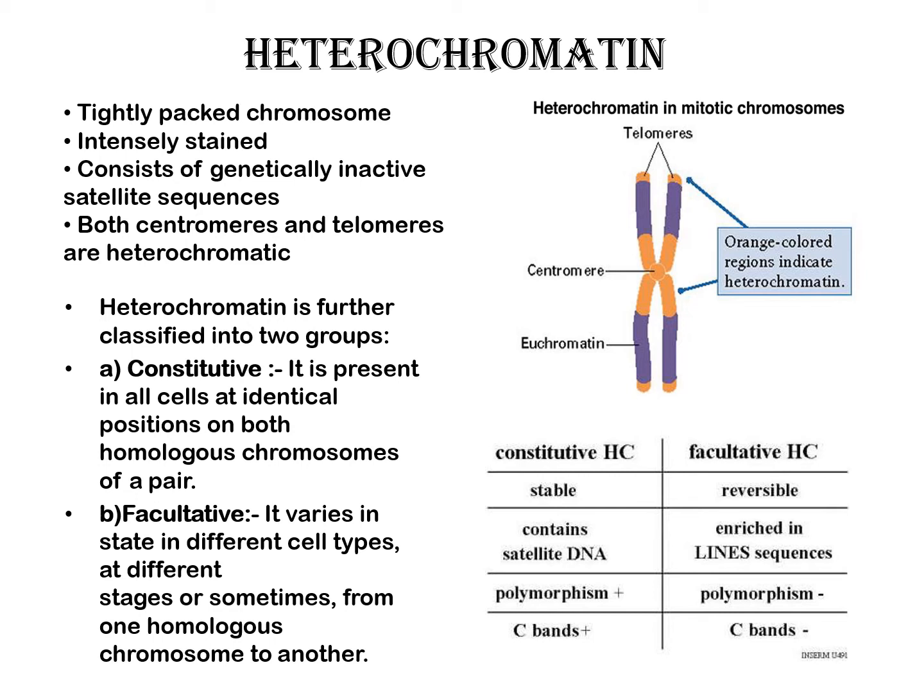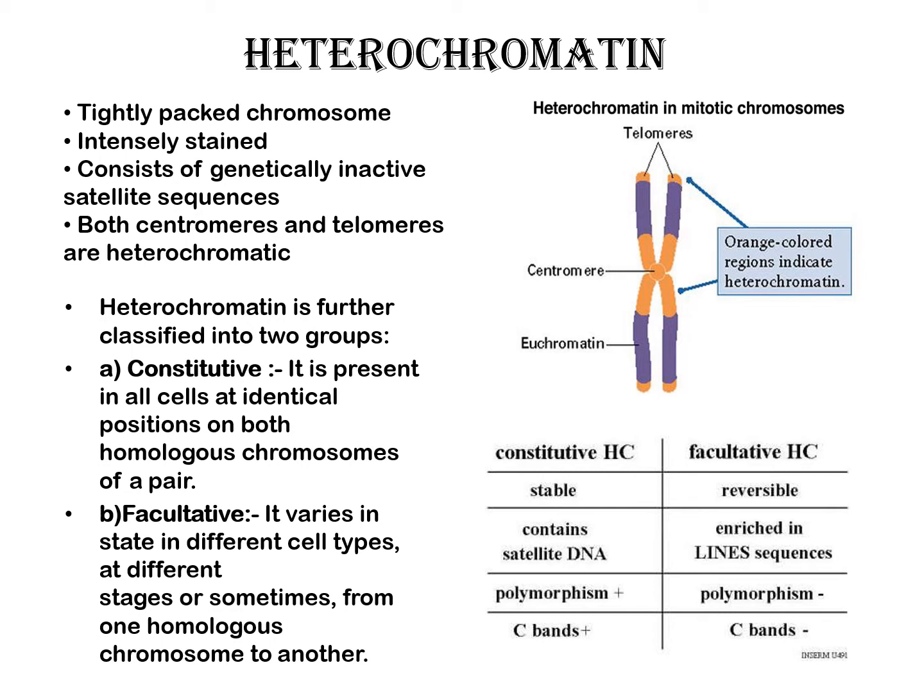So it remains condensed in the interphase stage of the cell while it can be less condensed in the mitotic phase of the cell division. The constitutive heterochromatin contains satellite DNA and the facultative heterochromatin contains LINE sequences.